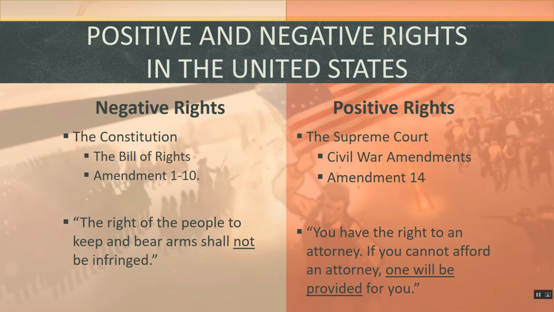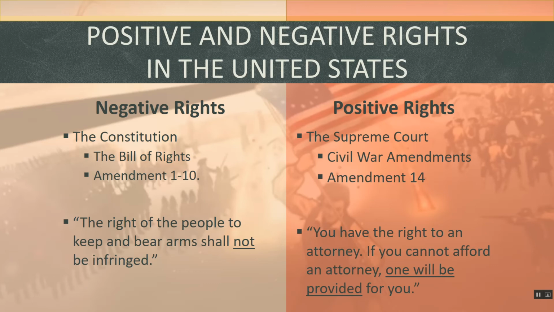The courts, starting in the early 1900s, are going to interpret this equal protection clause of the 14th Amendment to argue that in addition to abstaining from actions which would violate individual freedom, government must actively engage in actions that promote equality.